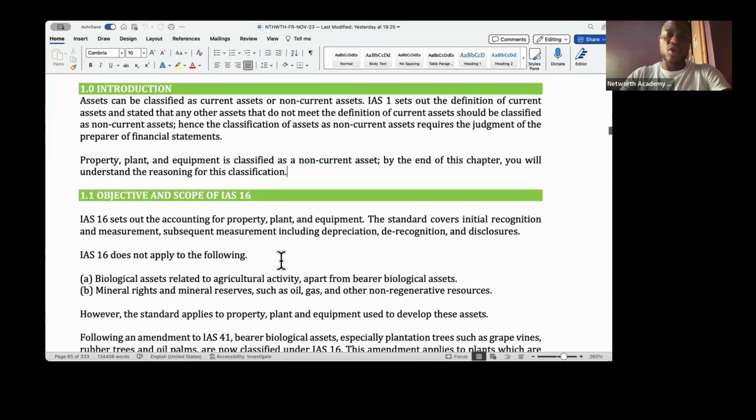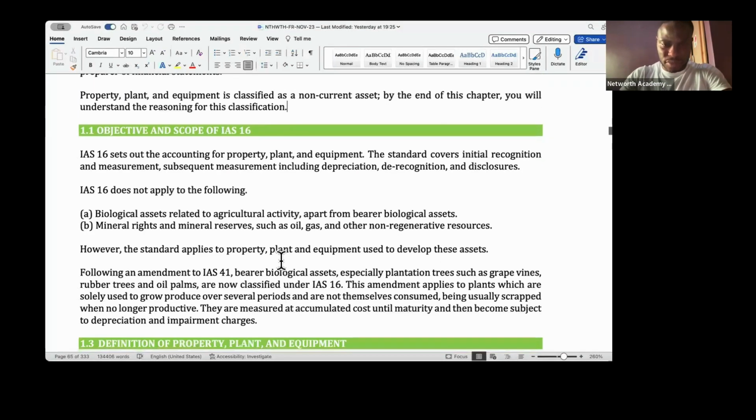So what we want to cover majorly is the initial recognition of PPE. We will look at how you measure PPE, then subsequent measurements, then derecognition, and finally disclosures. Majorly, that is what we want to look at under PPE.